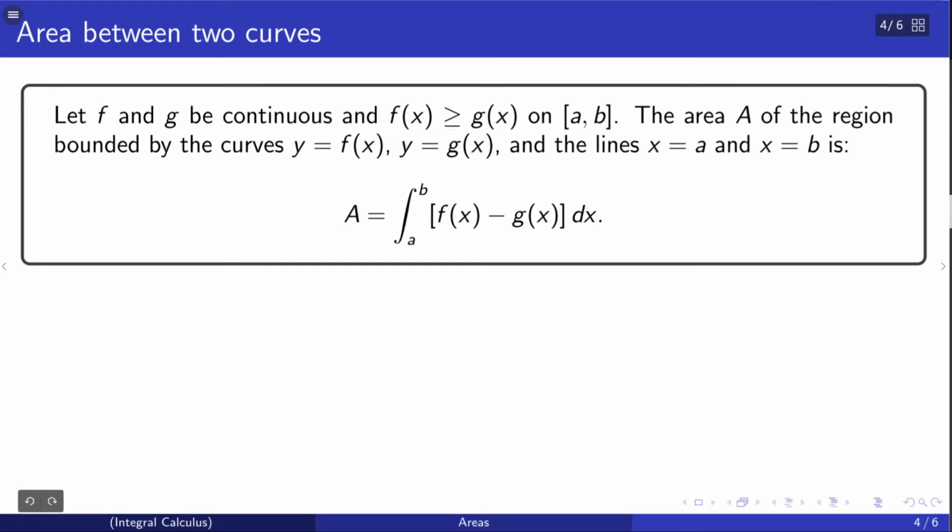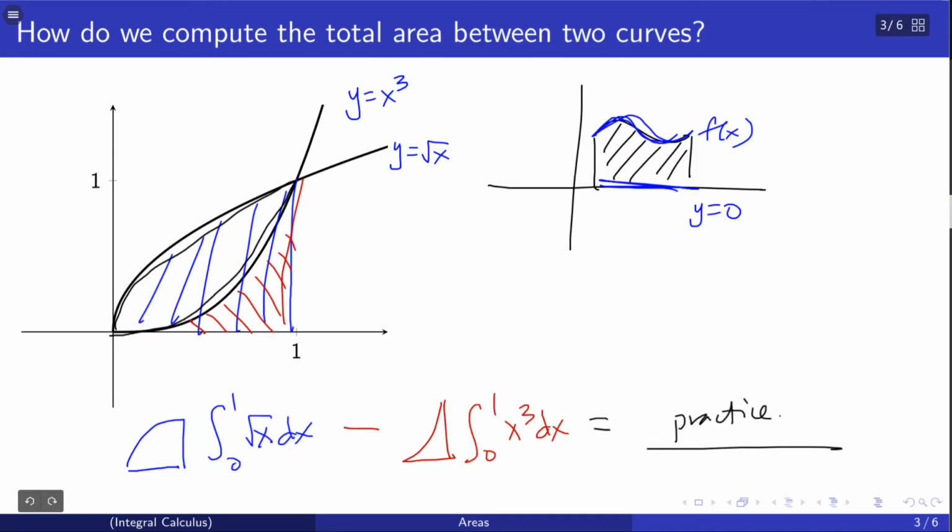So if you know that f of x is larger or equal to g of x on the interval you're considering from a to b, then you can compute the area by simply computing the integral of the difference, right? So if you go back to the previous page, remember that from a property of integrals, this is also equal to the integral of the difference of two functions, square root of x and x cubed.